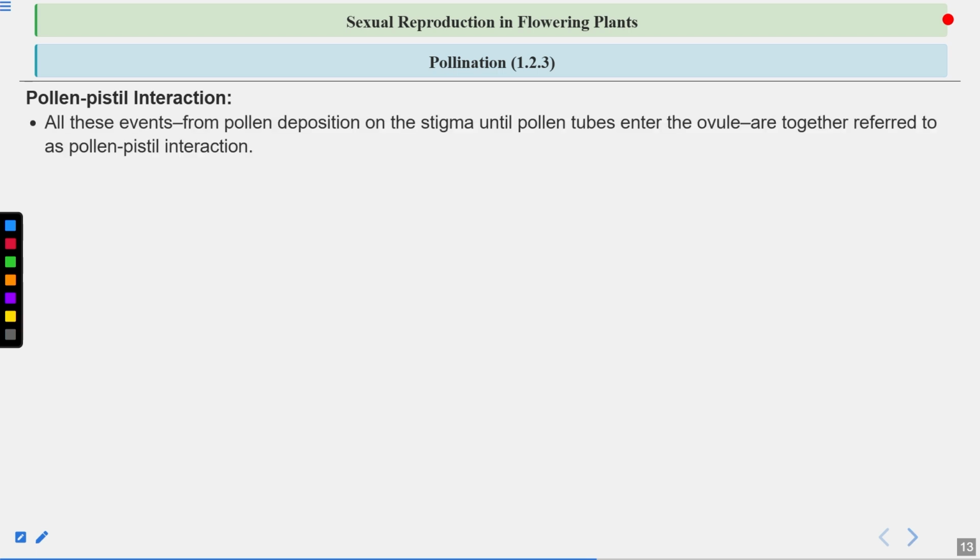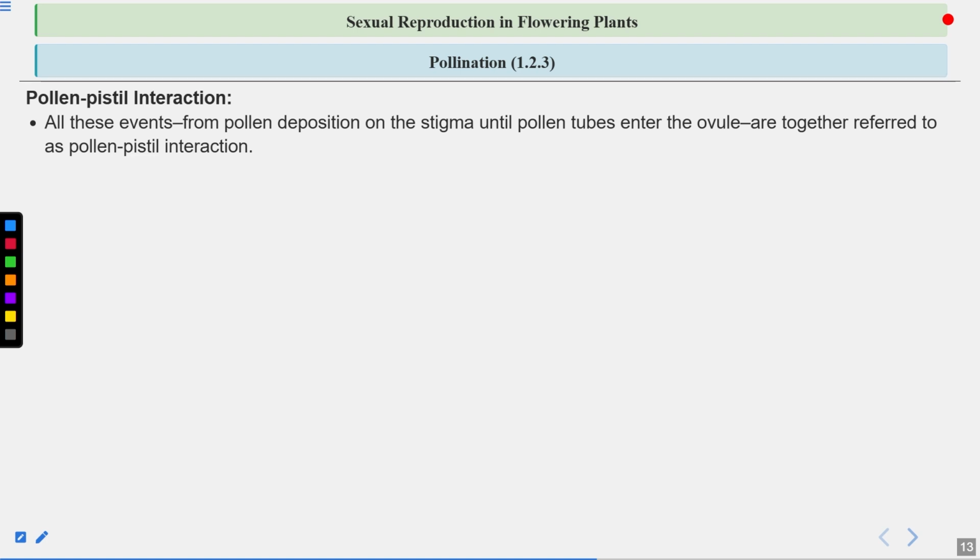So all these events, from the pollen deposition on the stigma until pollen tubes enter the ovule, are together referred to as pollen-pistil interaction. So from where to where? Why have we discussed so much about pollen tube germination, pollen tube emergence in the stigma, in the style, in the ovary, and then entering inside the embryo sac?